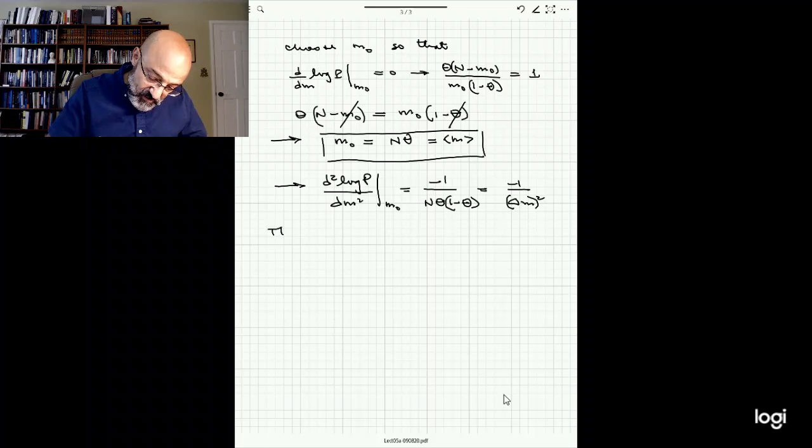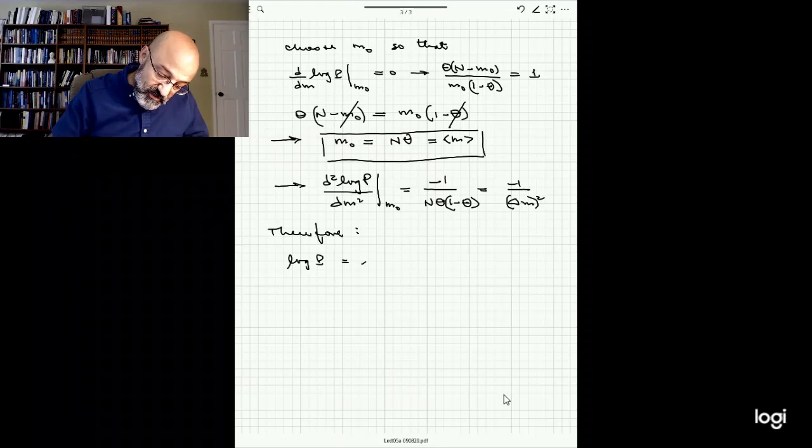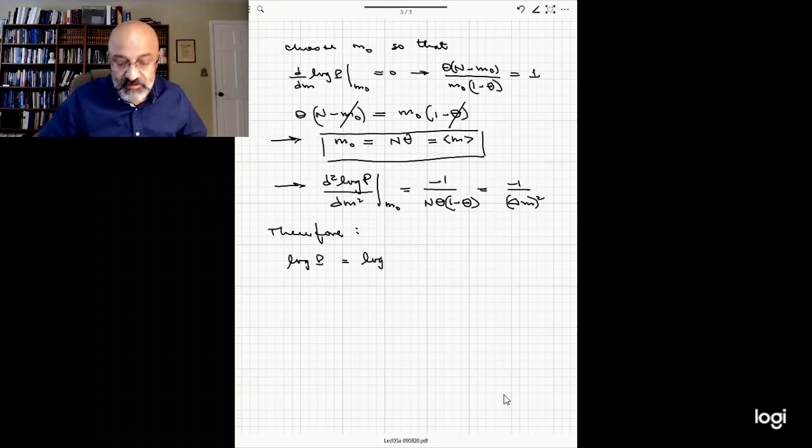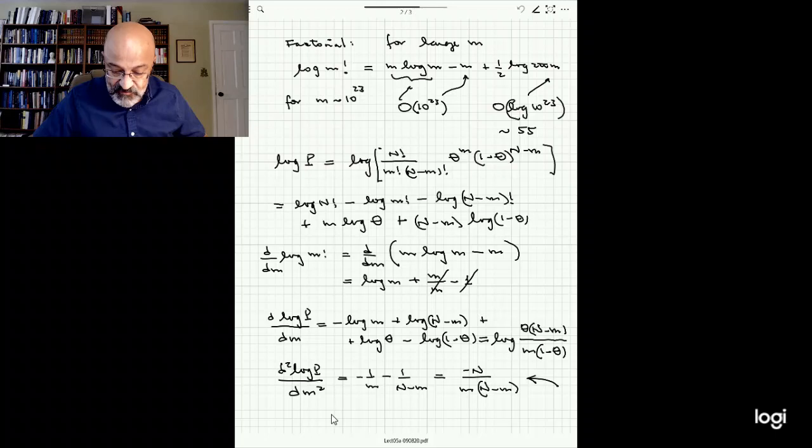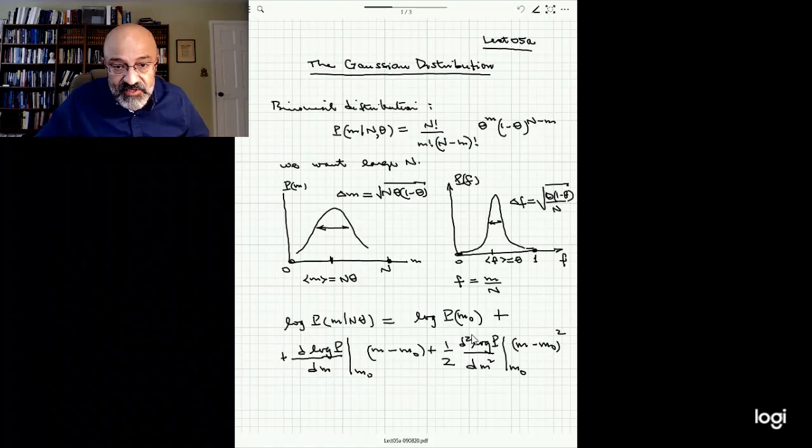Therefore, our expansion has yielded the following. The log of p is the log of, let's just go back to the expression we had here before. This expression here at the bottom.